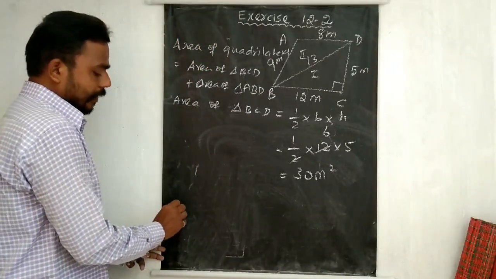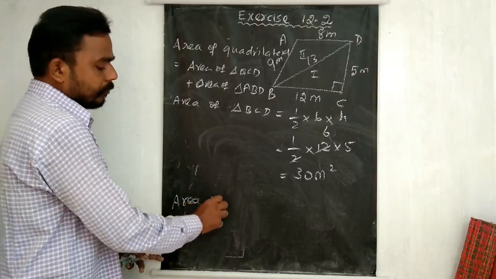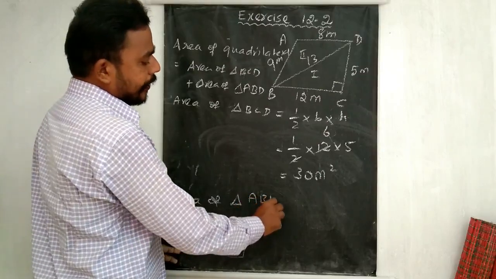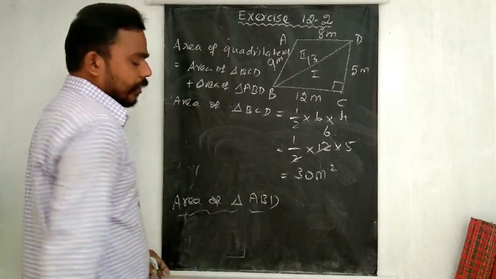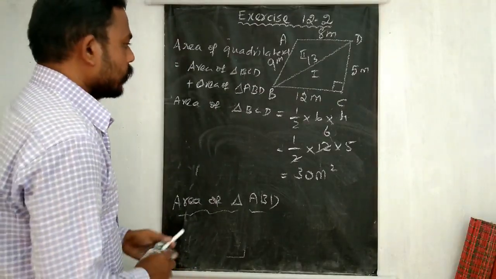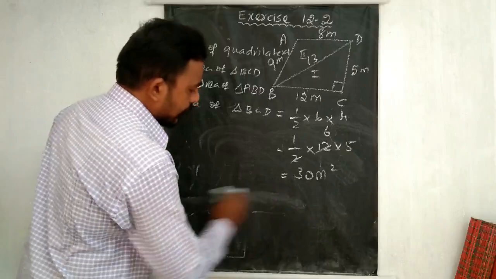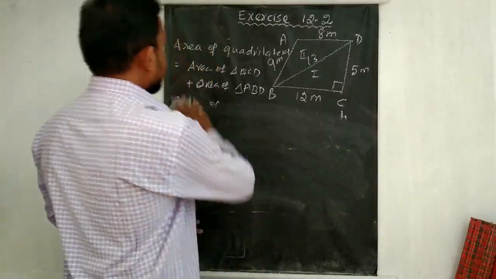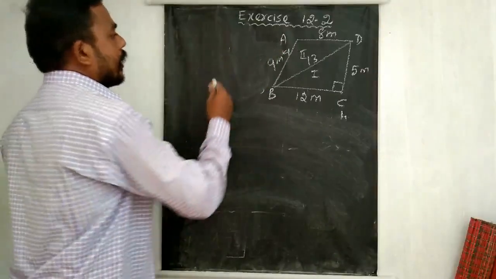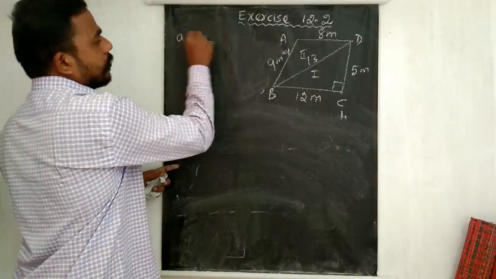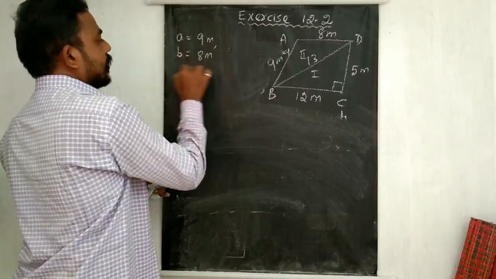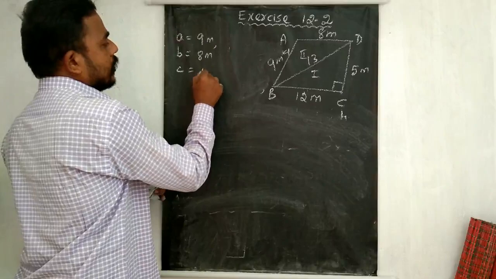Now we can find the area of triangle ABD. For this we need to use Heron's formula. Let a equal 9, b equal 8 and c equal 13 meters.